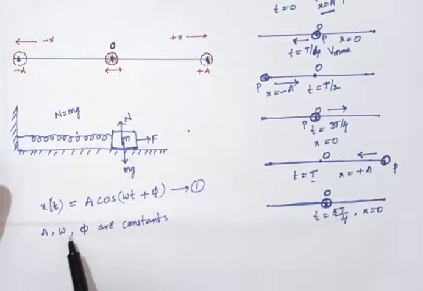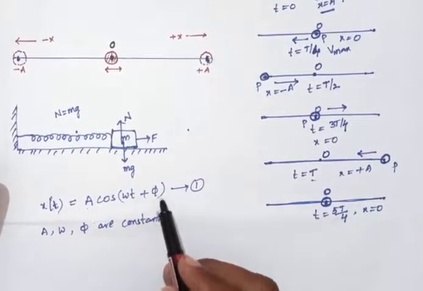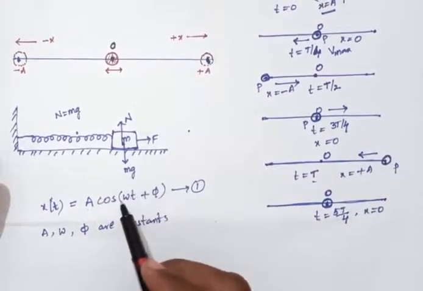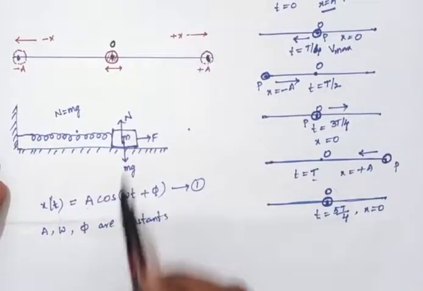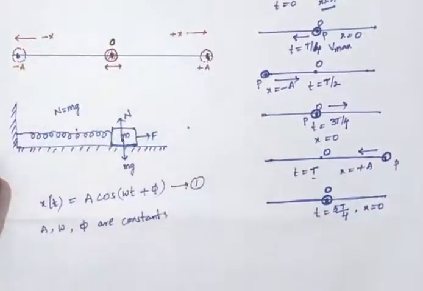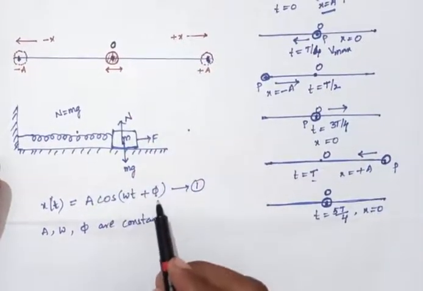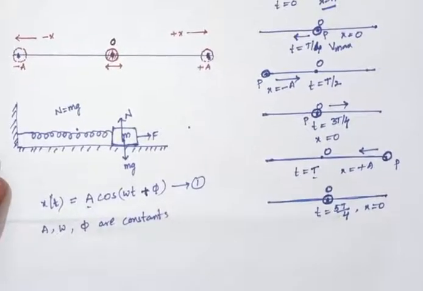So a, omega and phi are constants, and omega t plus phi is the phase angle of the cosine, for a particle in simple harmonic motion.